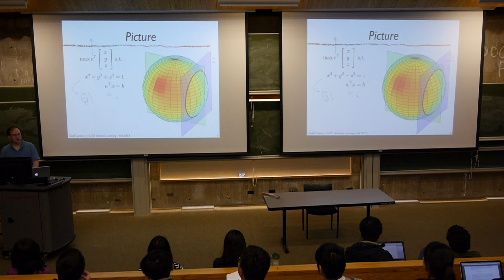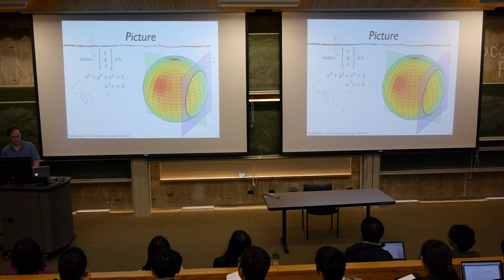Gradient of b is 0. And so what we're trying to do then is at the optimum, we want to get that x squared plus y squared plus z squared equals 1 and a transpose x equals b. So we have to satisfy these constraints.